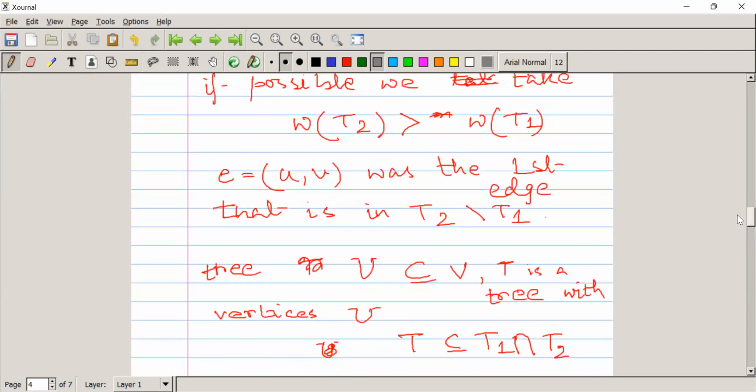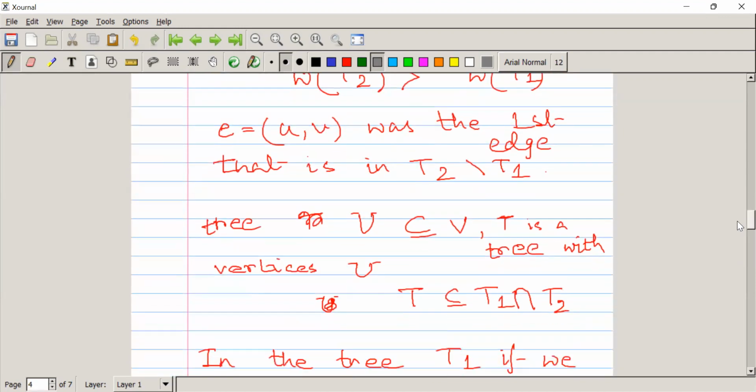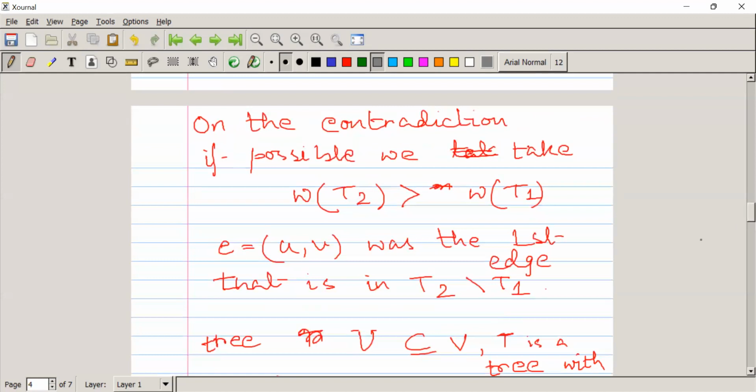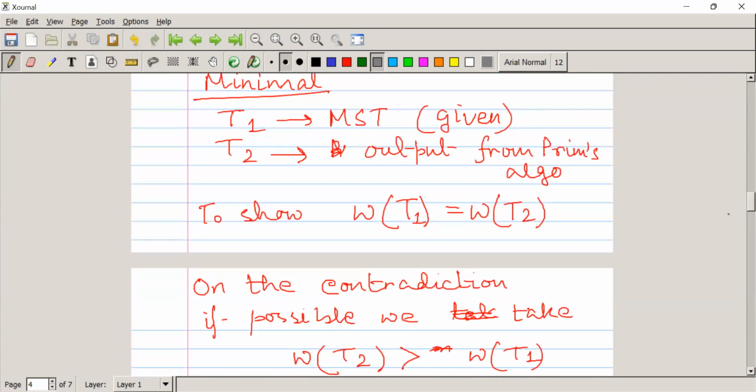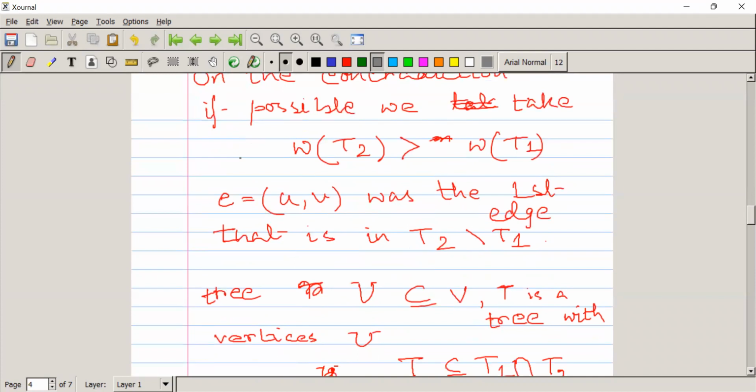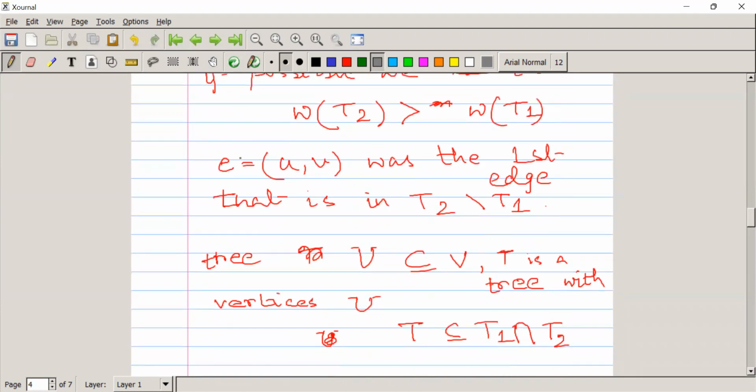So let me show you the argument that we have given. First we take an MST T1 and an output from Prim's algorithm T2. If both have equal weight, then we are right; we have nothing to prove. So on the contrary, we take that the weight of T2 was bigger than the weight of T1. And E was the first edge that was not in T1 but was in T2.